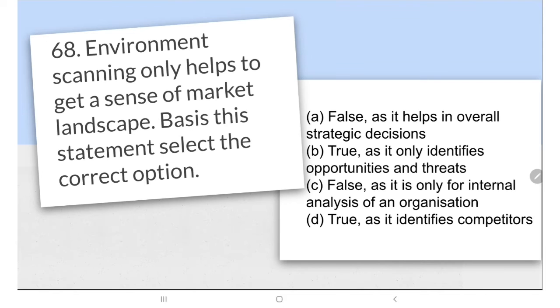Next question. Question number 68. Environment scanning only helps to get a sense of market landscape. So it says only helps. Basis this statement, select the correct option. So the term only helps is weird here, and it is false, as it helps in overall strategic decisions.